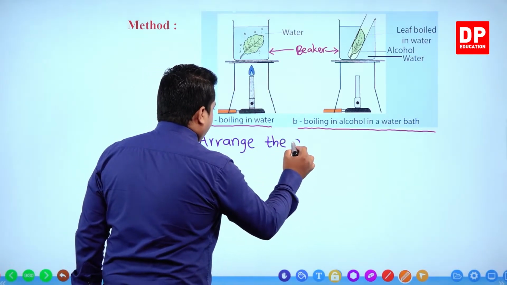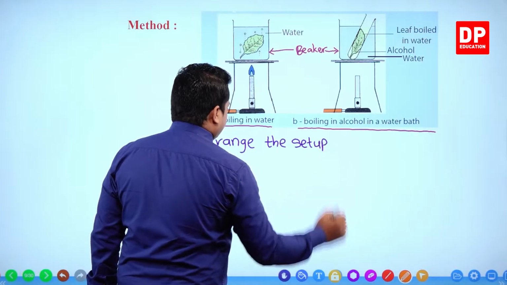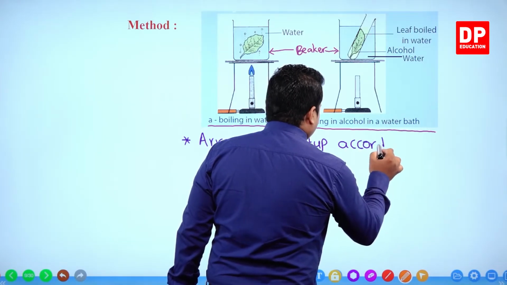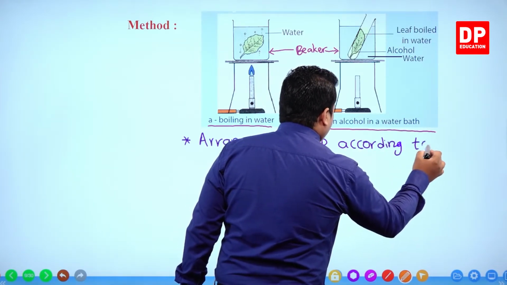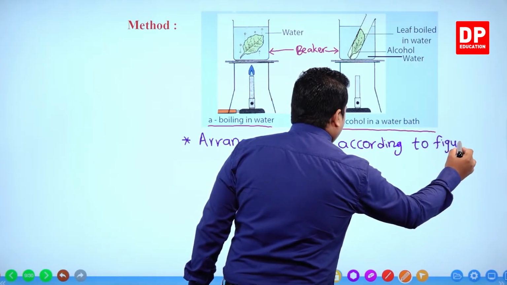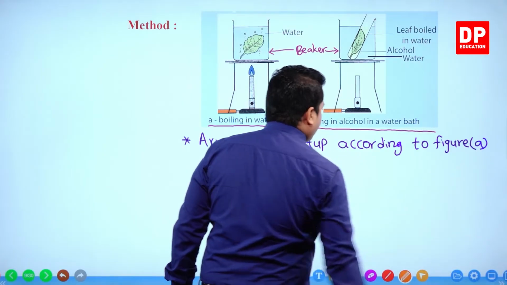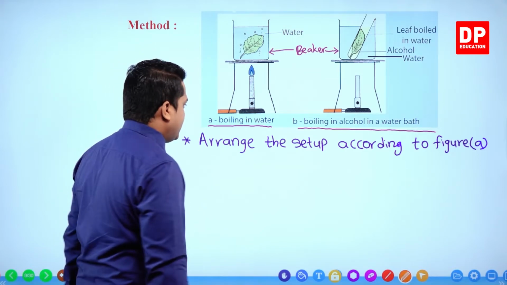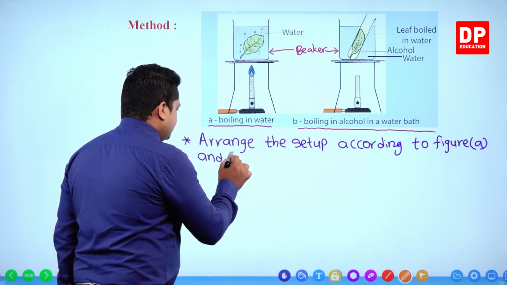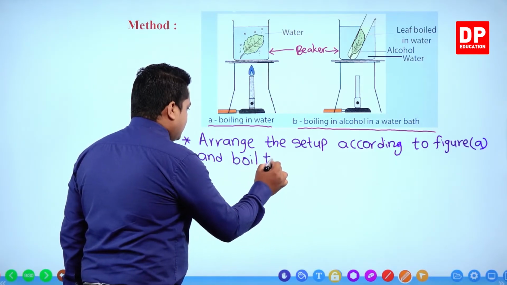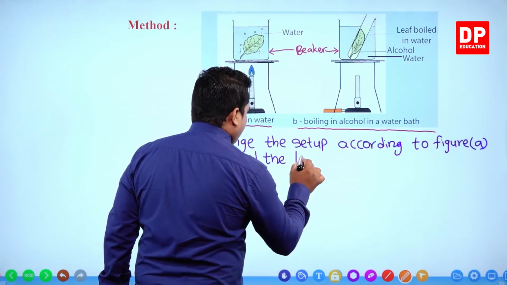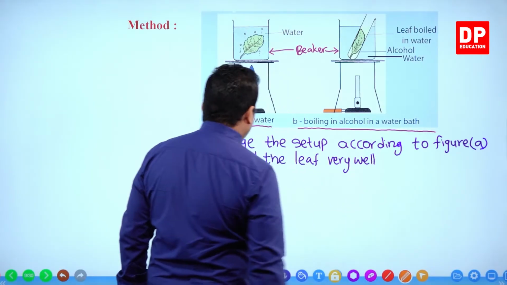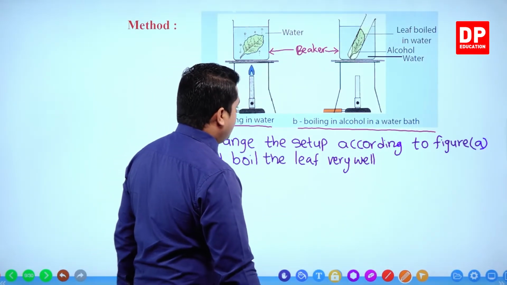Arrange the setup according to figure A. According to figure A, you have to arrange the setup and boil the leaf very well within water.